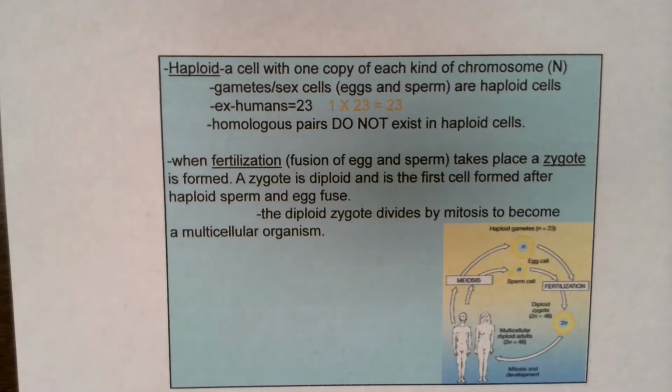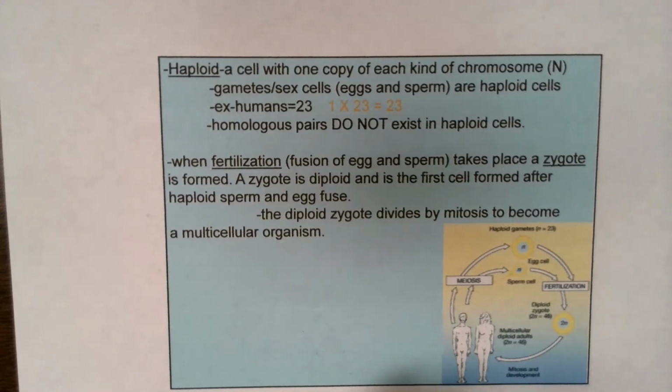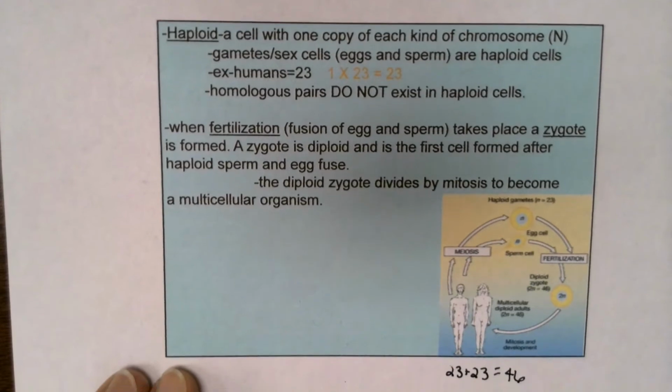So when a sperm cell from a male and an egg cell from a female, each with 23 chromosomes, fuse together to make the zygote, we have 23 plus 23, which equals 46 total chromosomes in the diploid cell.